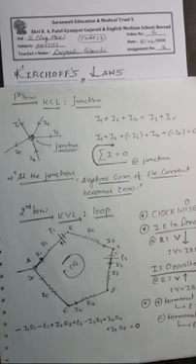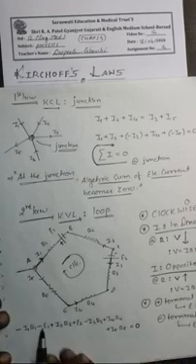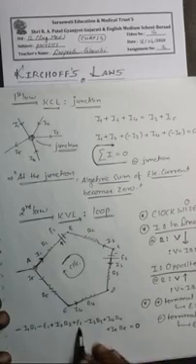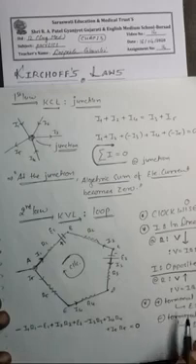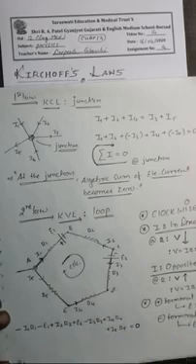Got it? Then what to do? Take E1 and E2 on this side. So it will become negative. E1 negative, on that side positive. E2 plus, on that side it will be minus. So what will remain? Same.